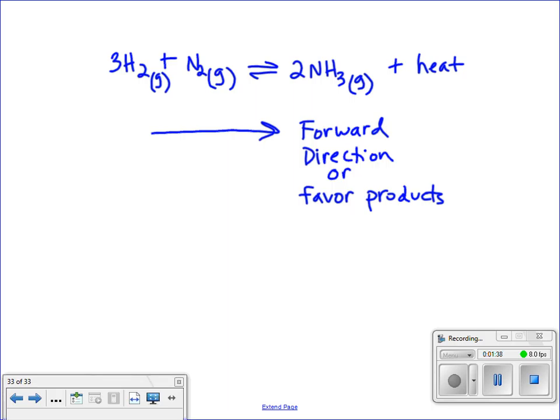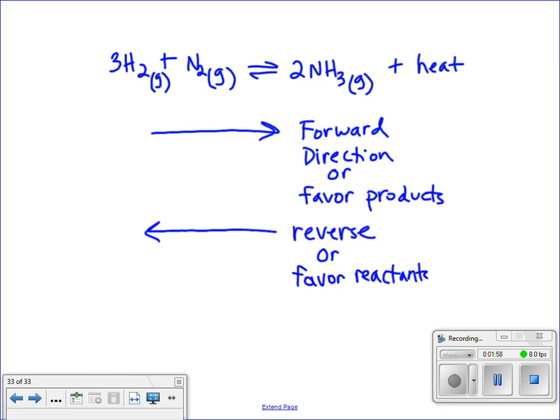Now, if this equilibrium system goes in the other direction, this is called the reverse reaction or favor reactants. Okay, so that's just some terminology.